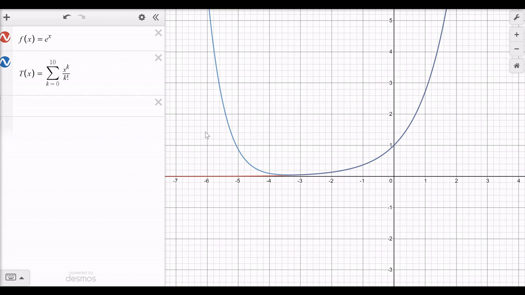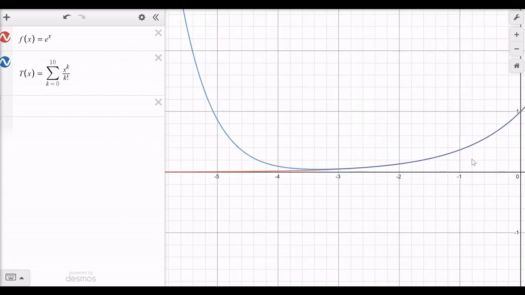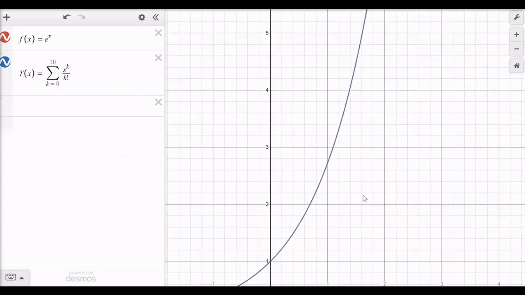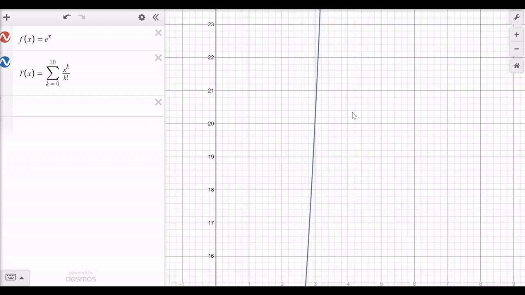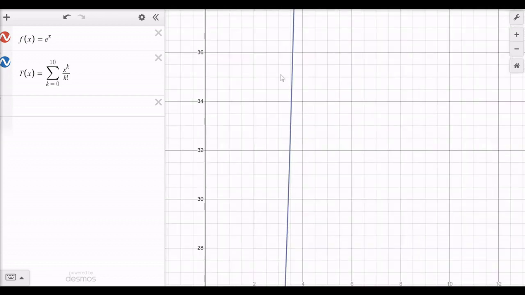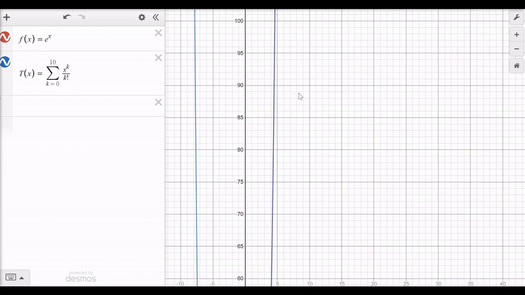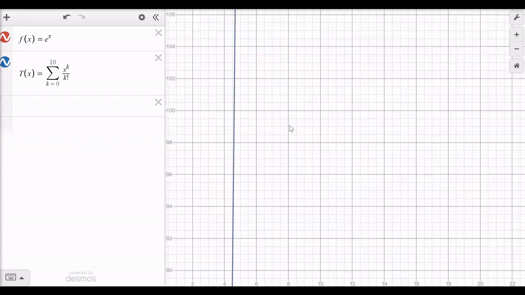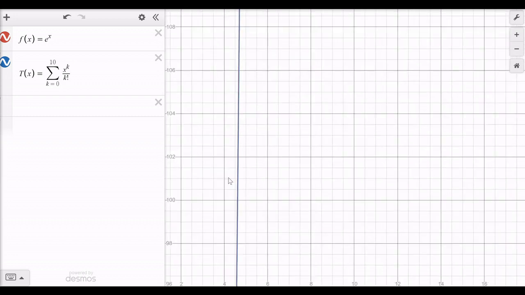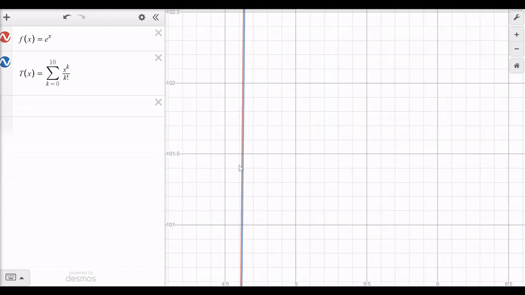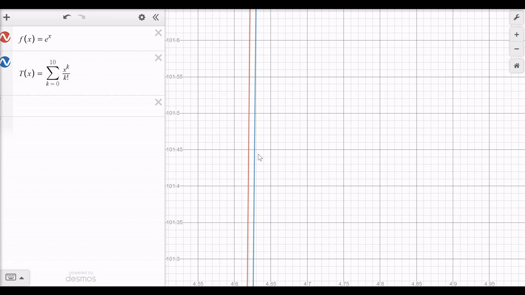When n is equal to 2, notice that the function and the Taylor series definitely do have some discrepancy. If we go to infinity, we might not be able to see much of a difference unless we really go outwards. The primary difference is definitely on the left-hand side, but there is some discrepancy between the Taylor series and the function on the right-hand side.